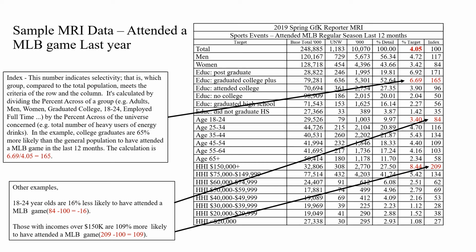In terms of 18 to 24-year-olds, they are 16% less likely than the general population to have attended a game. And those that make 150,000 or more were 109% more likely than the general population to attend a game. Now, this is an important number because it tells us how well we are doing with each particular group based on the rows.